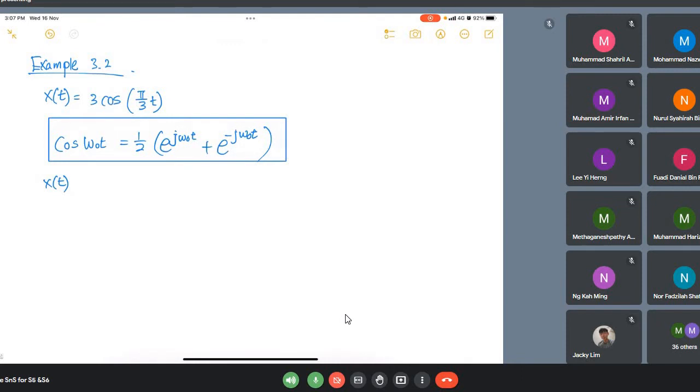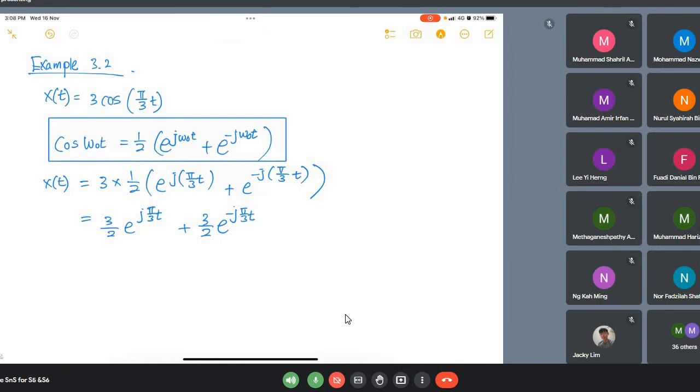So x(t) equals 3 times half of the exponent j pi over 3 t plus exponent minus j pi over 3 t. This is equivalent to 3 over 2 exponent j pi over 3 t plus 3 over 2 exponent minus j pi over 3 t.